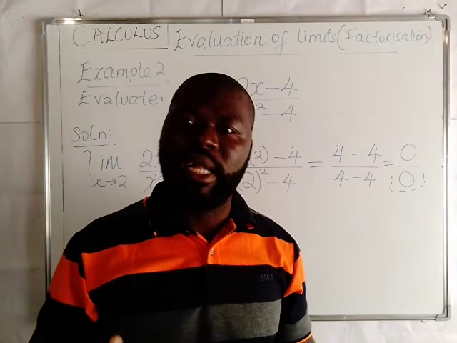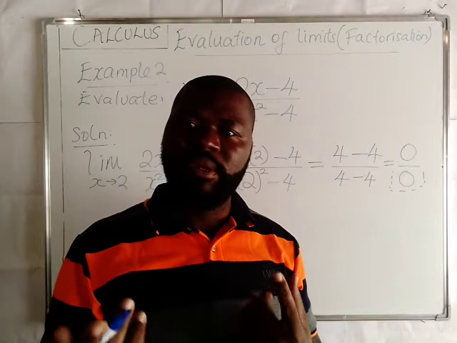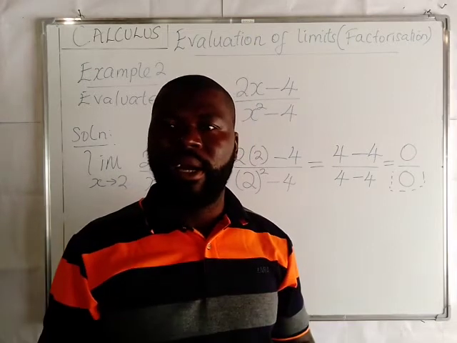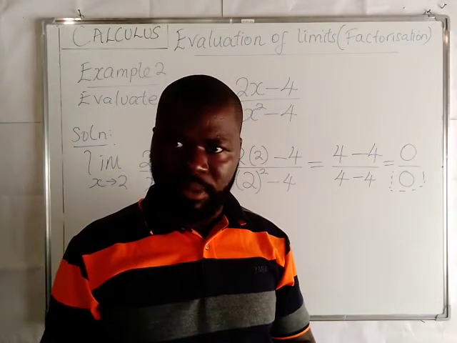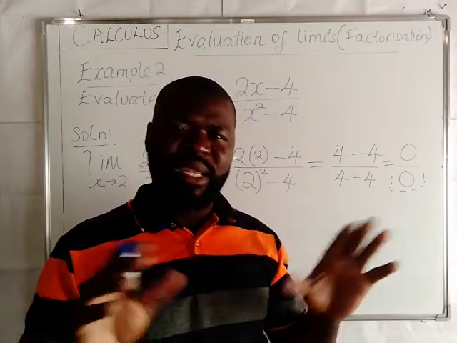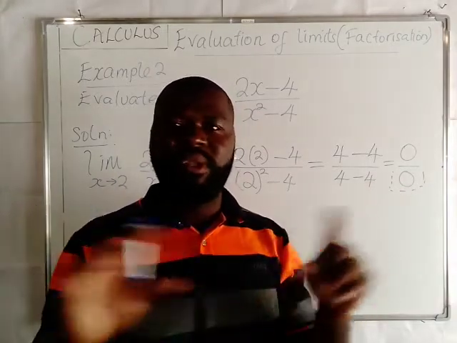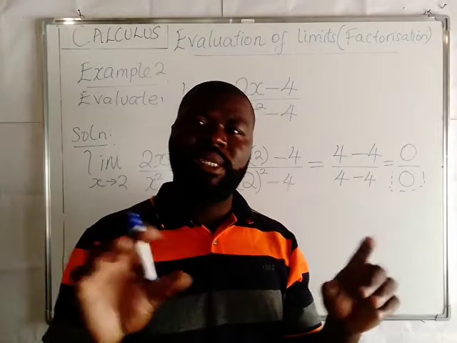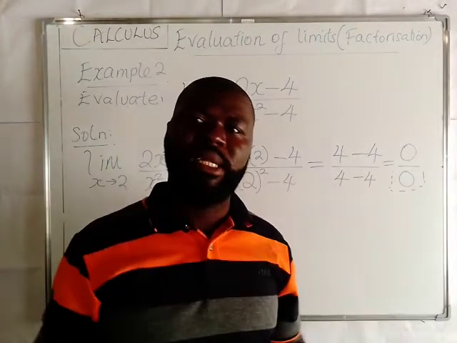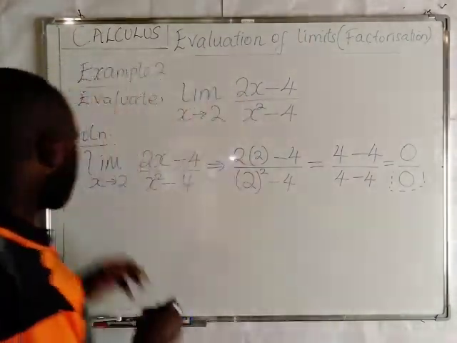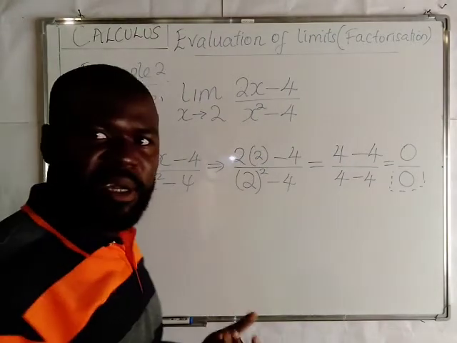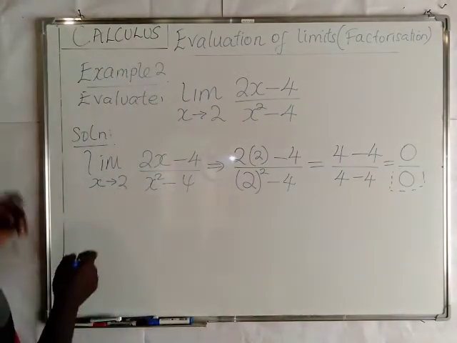Therefore, we need to use another method. That method is the factorization method. The 0 on the numerator is okay, because the 0 on the numerator simply tells you that the answer is 0.